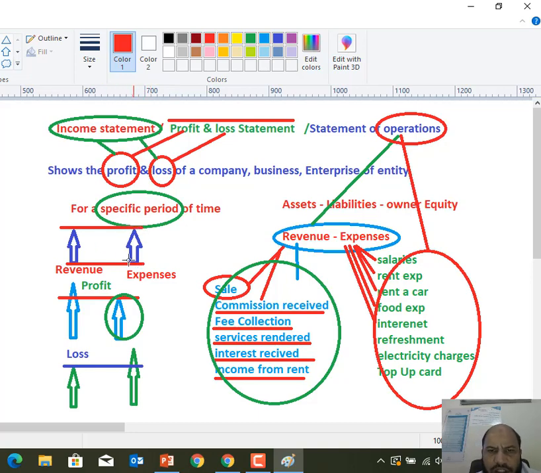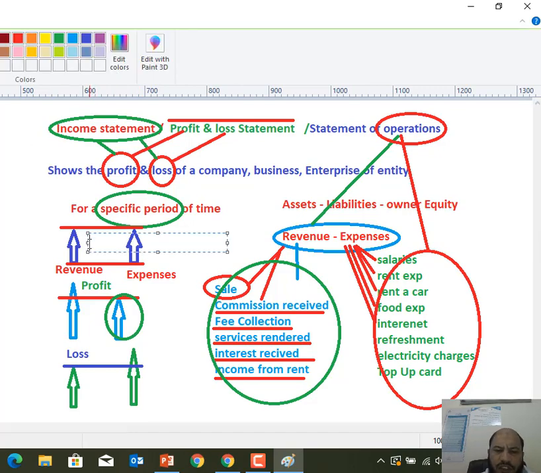So, dear students, if your expenses and your revenue are equal with one another, here you are not in profit and not in loss. No profit and no loss. In this condition, you are neither in profit nor in loss.